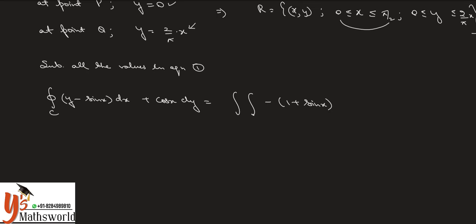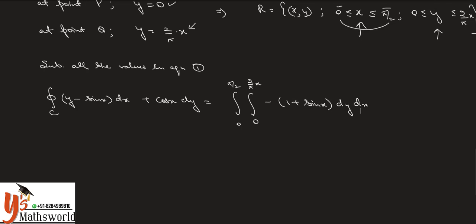Now we have two variables x and y. So the variable which has dependent limits is to be kept inside, 0 to 2 upon pi into x dy, and the variable which has constant limits is to be kept outside into dx.